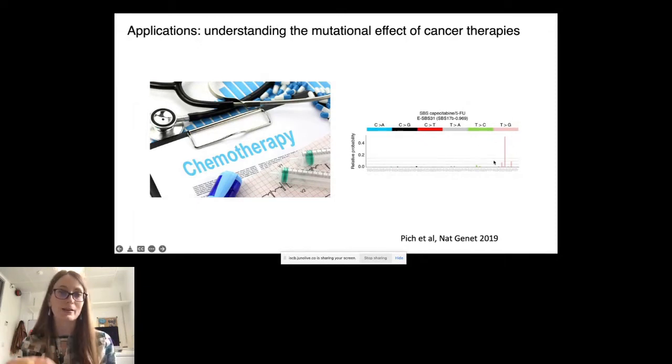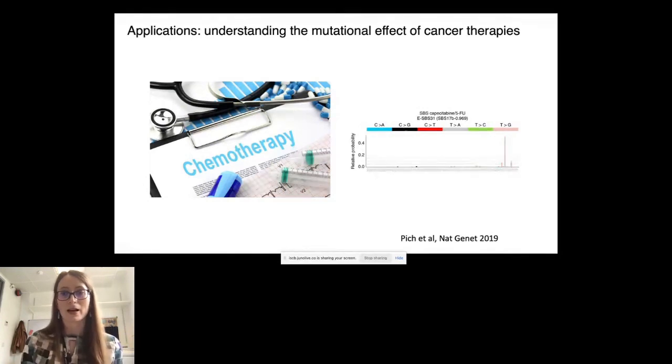So they identified the mutational signature that is associated with the effect of a particular chemotherapy, in this case, 5-FU. And this is something that appears recurrently across many different cohorts. So it's suggesting to us that it's actually something that people weren't aware of before.